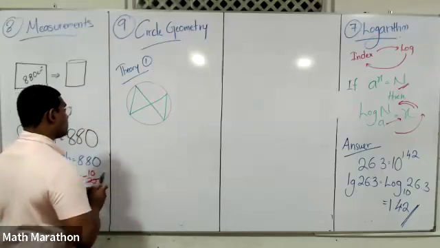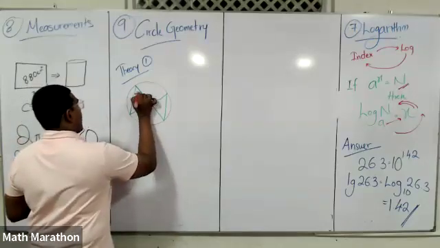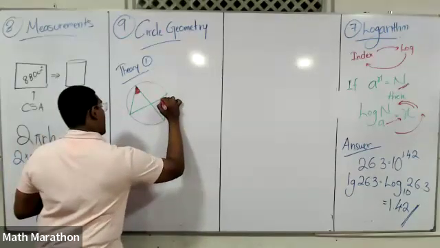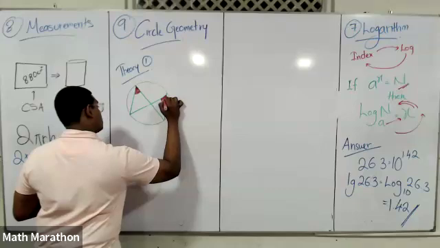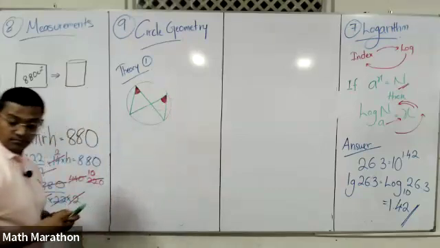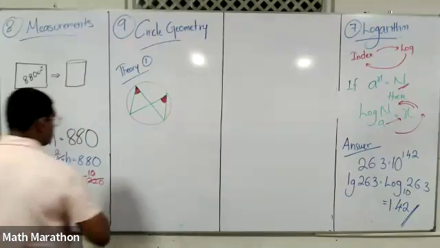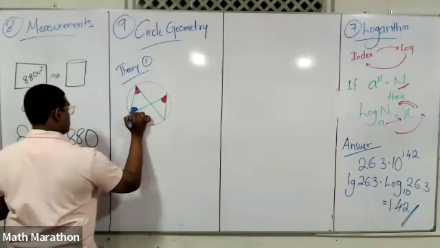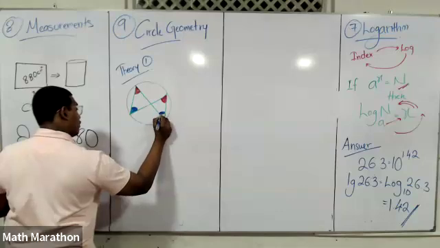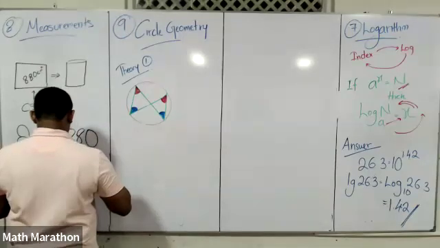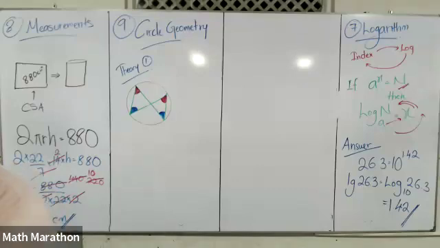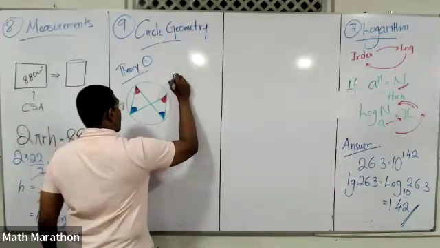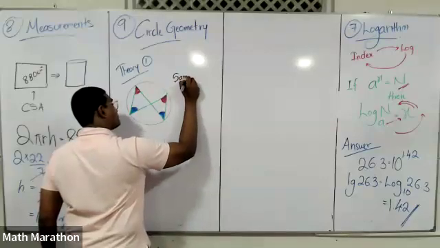This angle and this angle are equal. Similarly, this angle and this angle are also equal. So this is called: same segment angles are equal.